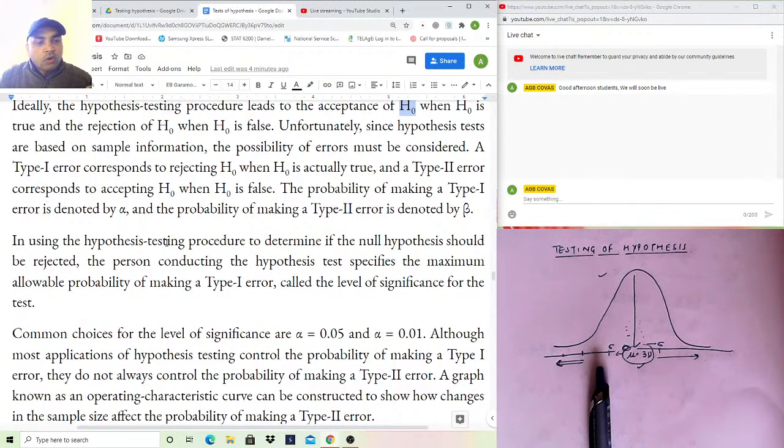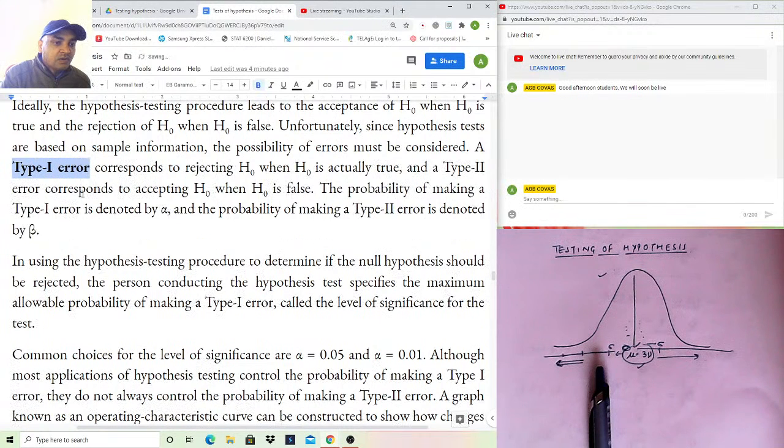So you will reject your null hypothesis, whereas actually in the population it is 30, but your sample is such that you have rejected it. That type of error, when your hypothesis is correct but you reject your null hypothesis, is known as type 1 error.